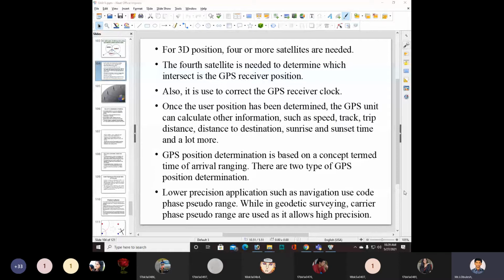There are two types of GPS position determination.